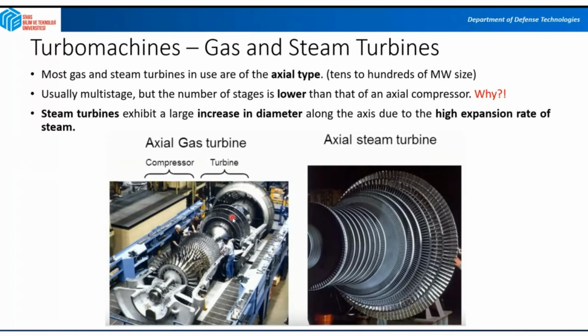But if you look at this turbine, you can see that this turbine has a smaller number of stages, like two stages. But the compressor that is actually attached to this turbine has too many stages. Why is it happening here? Why are the number of turbine stages always smaller than the number of compressor stages?